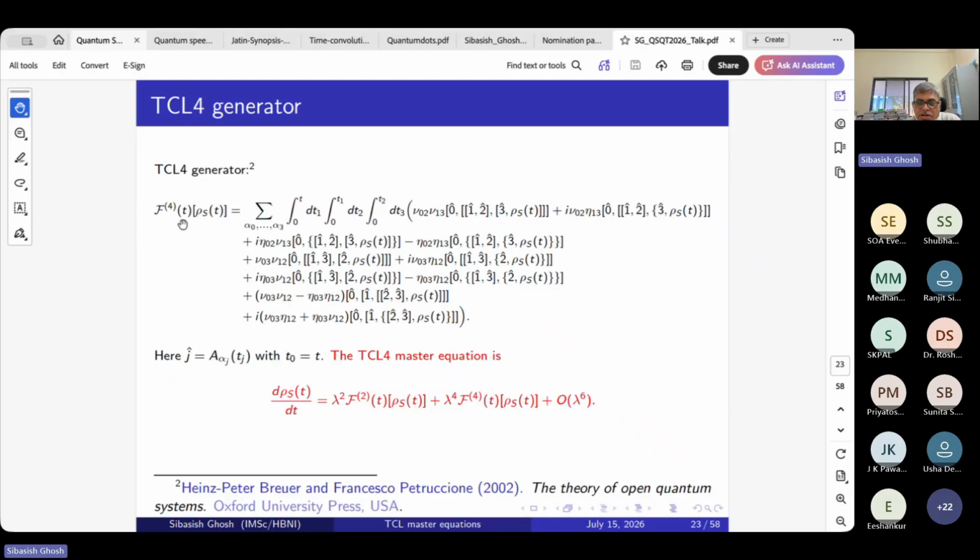So anyway, this will give you the TCL4 master equation, higher order TCL. So d/dt of rho s of t is basically lambda squared F2 of t acting on rho s of t, plus lambda to the power 4 F4 of t acting on rho s of t, plus order of lambda to the power 6. Okay. So you can say that this is a much better approximation compared to TCL2 or the Bloch-Redfield equation to the actual dynamics.